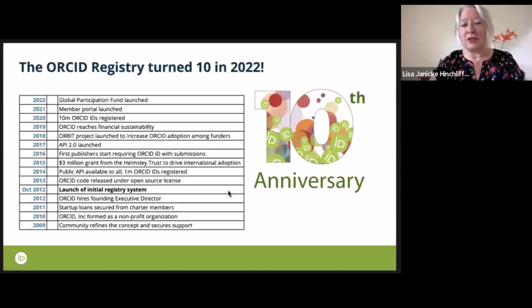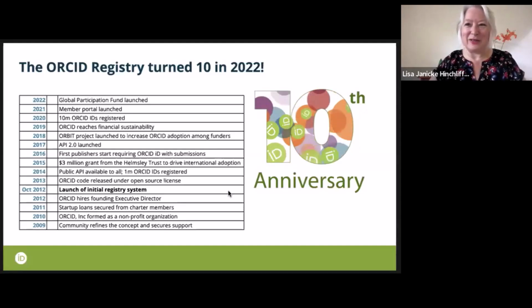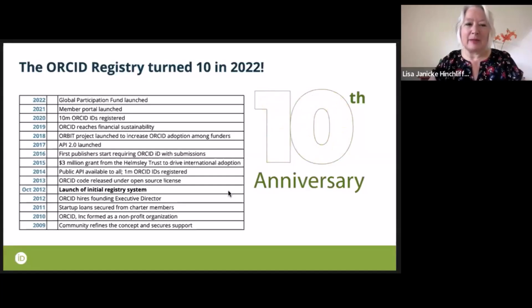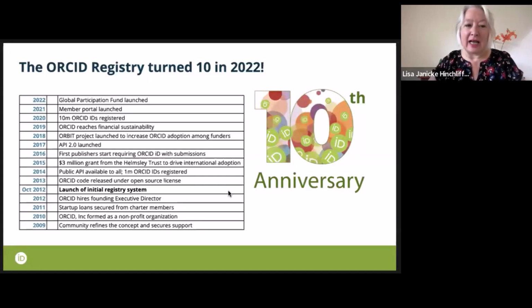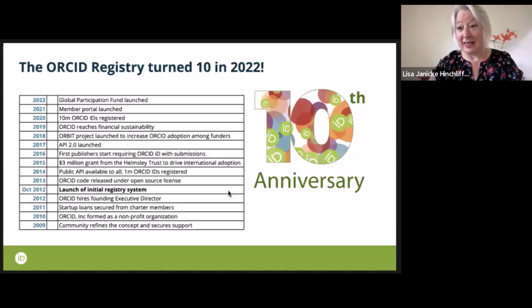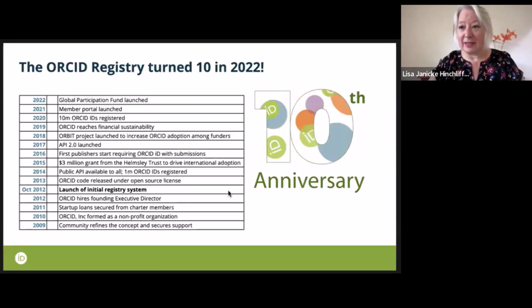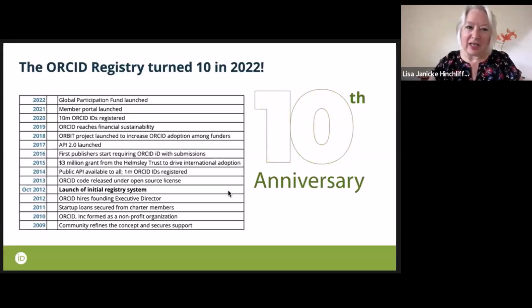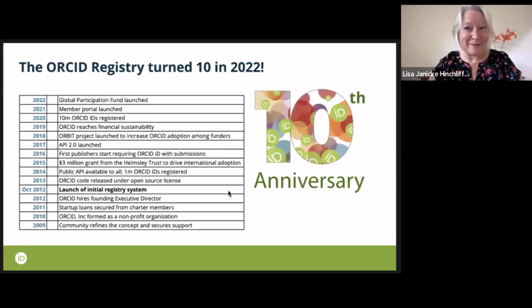The registry turned 10 in 2022, and that was a very exciting time for us, especially since you can see that we started in concept in 2009. So from 2009 to 2012, there was the development of the organization, the concept, the technologies, etc., the initial funding.